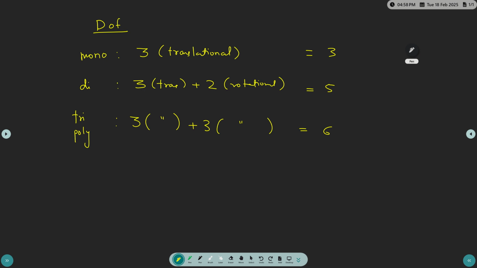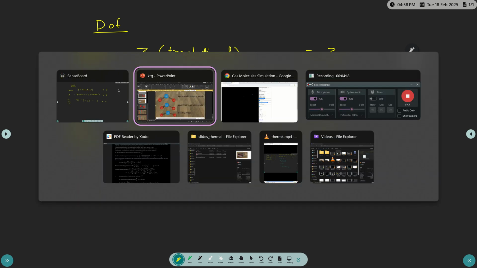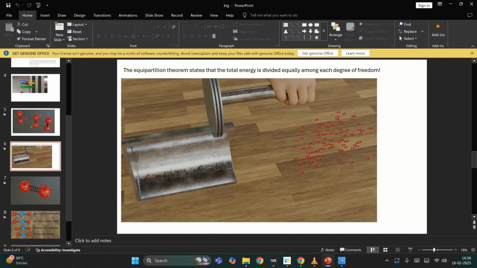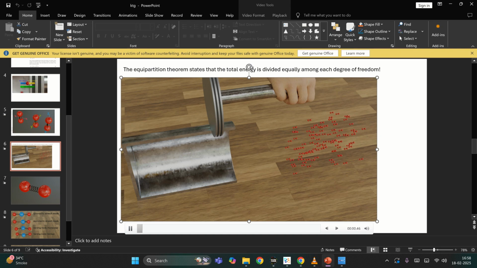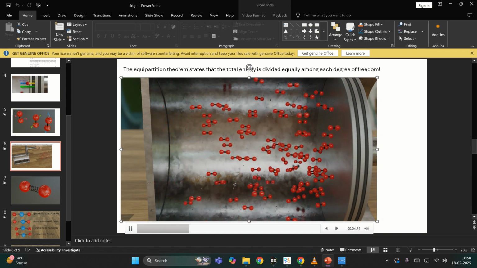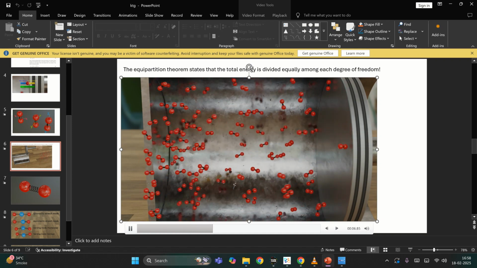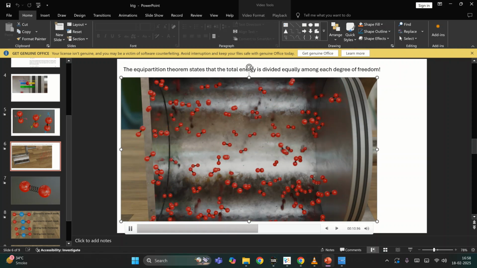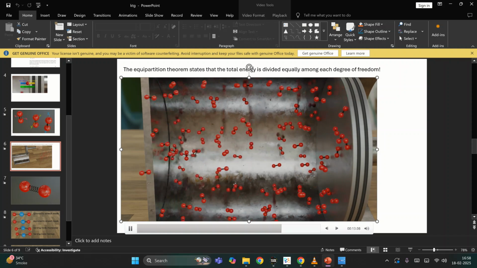Now, after we have written these degrees of freedom, if we look at a gas, here we have diatomic molecules which hit and collide. So after a sufficient amount of time, the velocity is randomized. So if we look at these molecules, what all can they do?